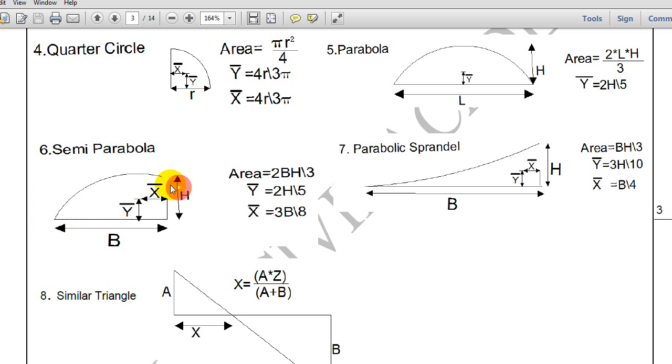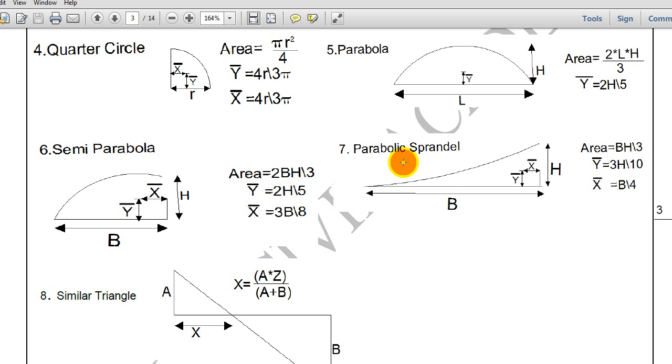So this is a semi parabola which is increasing and then becoming constant. So area is 2/3 of B into H, y bar is 2h by 5, and x bar is 3b by 8. Please remember this, without it will be very difficult for us to do the things.